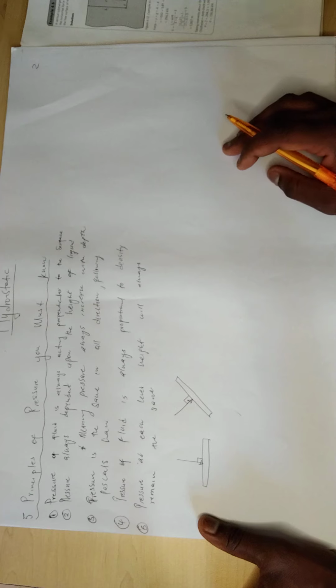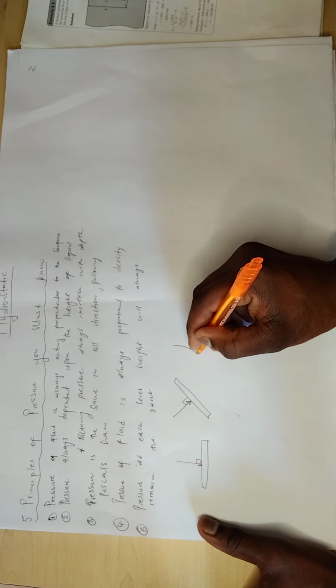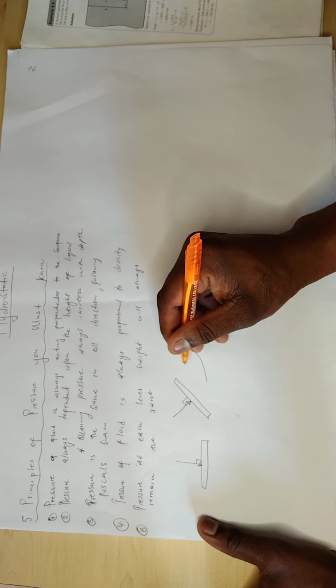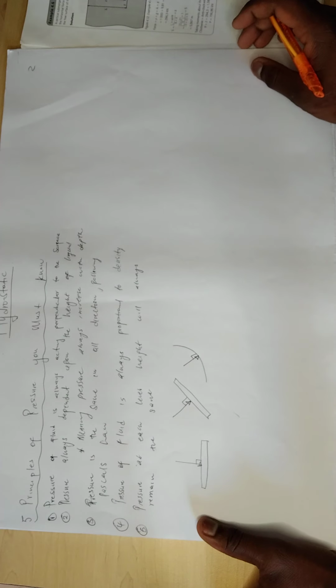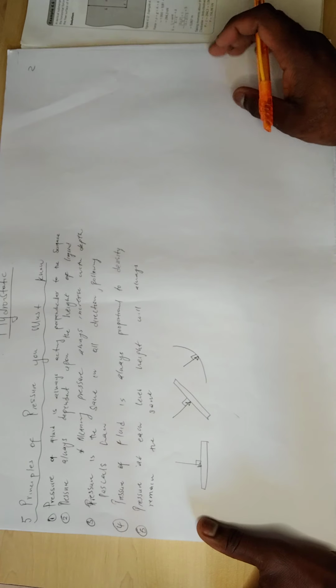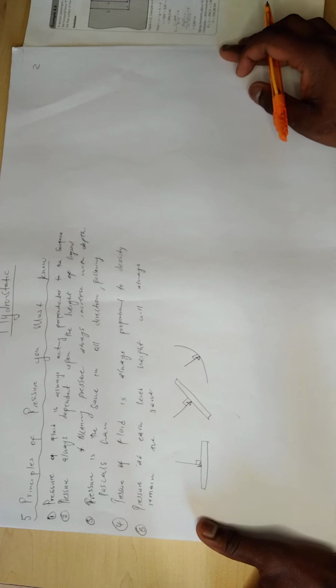This is what this principle is saying, so we're always going to use this. Even on a curved surface, maybe a bank that is curved, our fluid pressure will always act at 90 degrees, so it does not act at an angle. So this is the first principle.